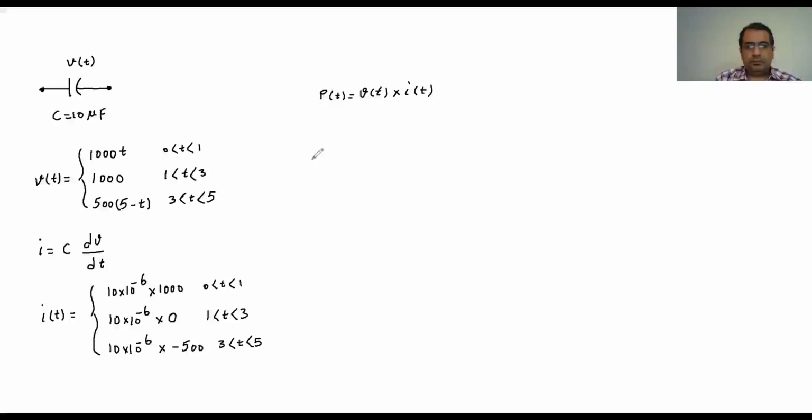So here I just need to multiply these two together to get the P value. So P of t is going to be, between 0 and 1, I have 1000t here and this magnitude here.